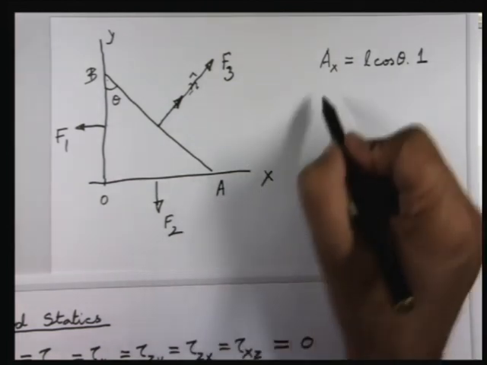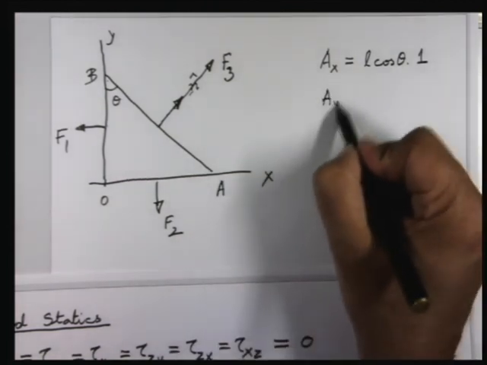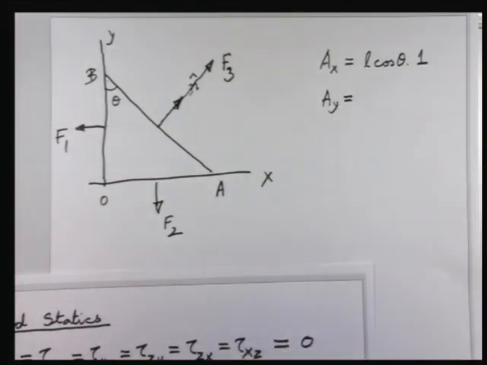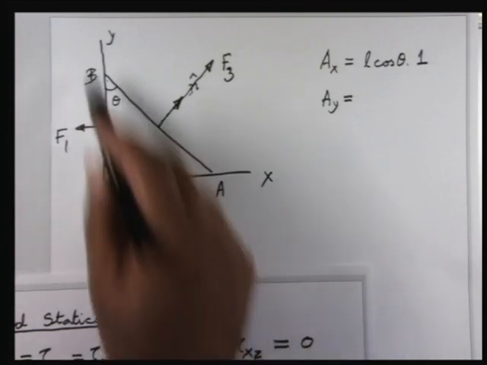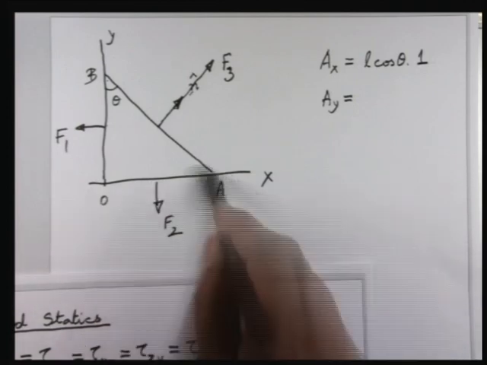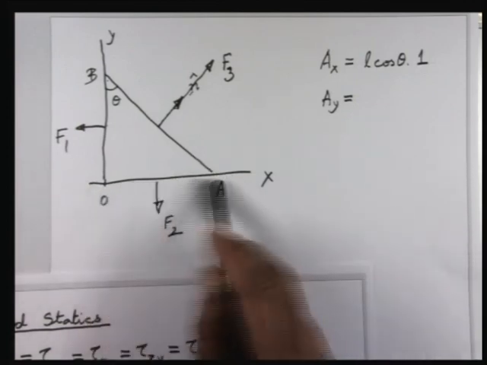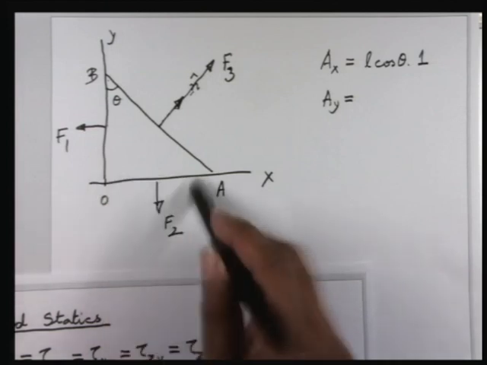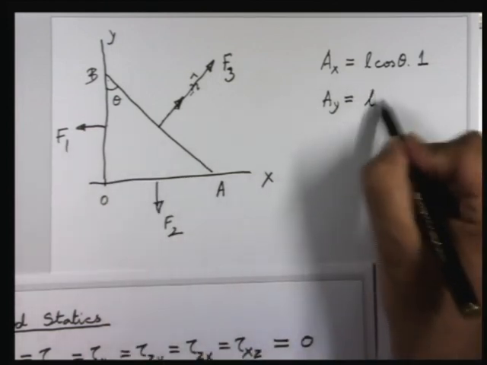And similarly, AY, which is the area of the face perpendicular to the y direction, there are three faces here. So this face, there is the length of OA into 1. Now, OA is the length of AB into sin theta, L sin theta.